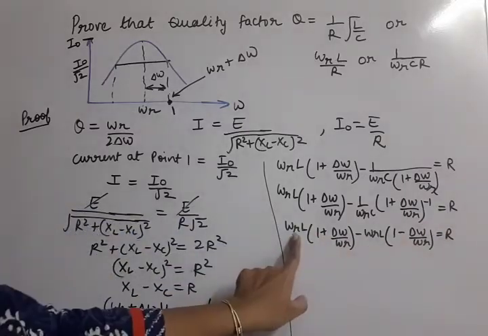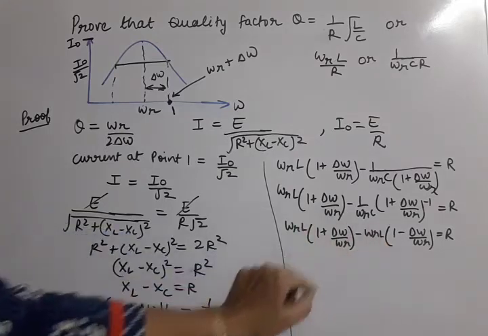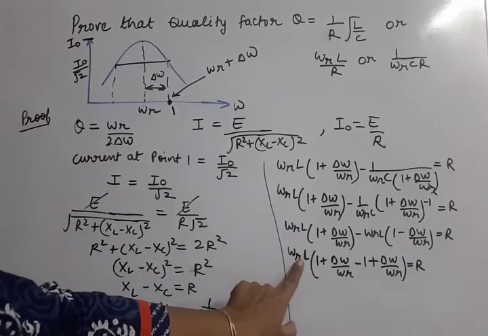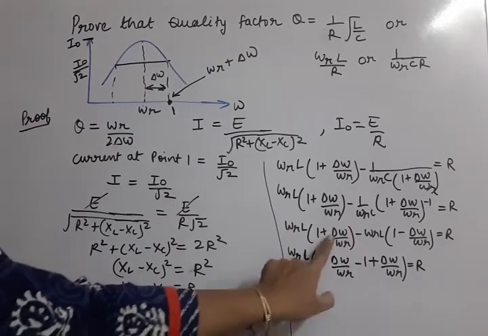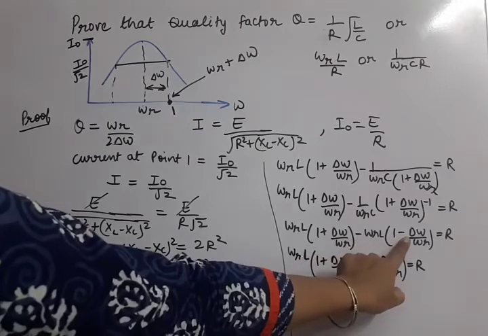So you can see here also omega r L is common, here also omega r L is common. So we can take it common in both the brackets. Omega r L common, so 1 plus delta omega by omega r. From here the minus sign will go inside.